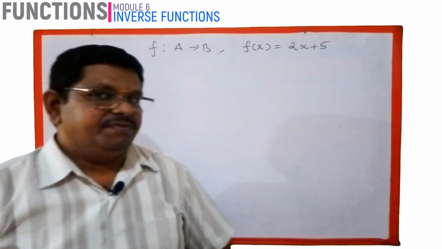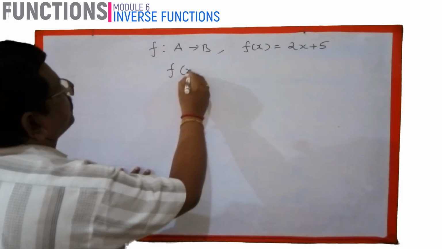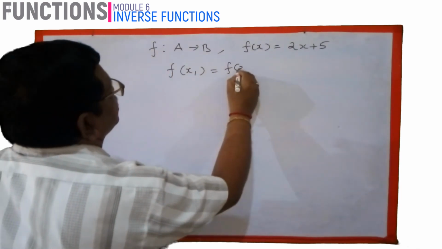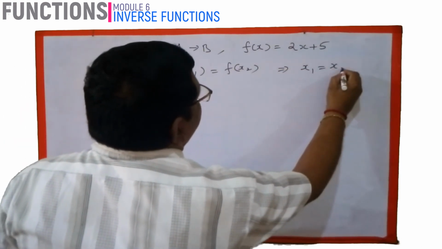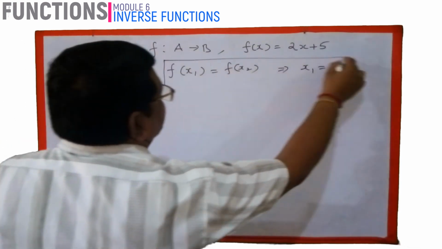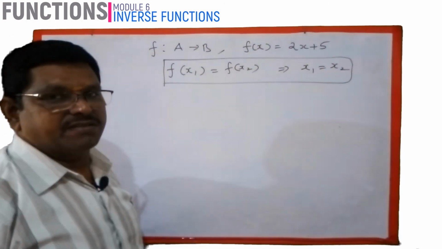With that we can conclude. So first, as per the one-one rule, if f of x1 and f of x2 are equal, then x1 must be equal to x2. If this case is satisfied, then we can say the function is a one-one function.